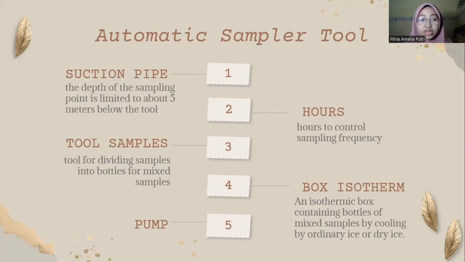And the third is the sample divider, a tool for dividing samples into bottles for mixed samples. And the next is the isothermic box, containing bottles of mixed samples, cooled by ordinary ice or dry ice. And the last is the pump.